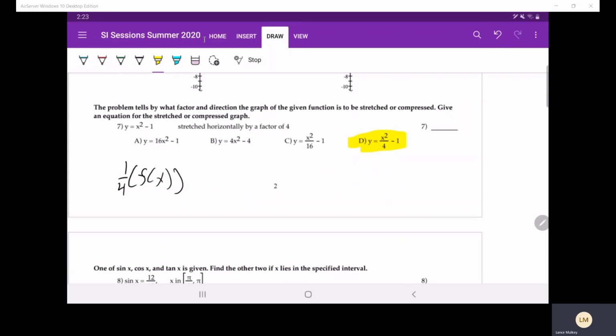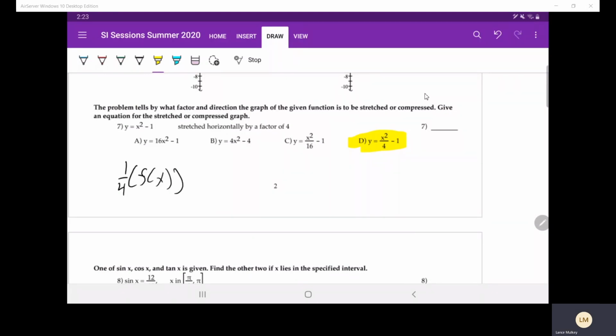Almost sure. Let me go to Desmos. If you can't tell, I haven't used these in a while because they're useless. Yeah. Okay, I was right.